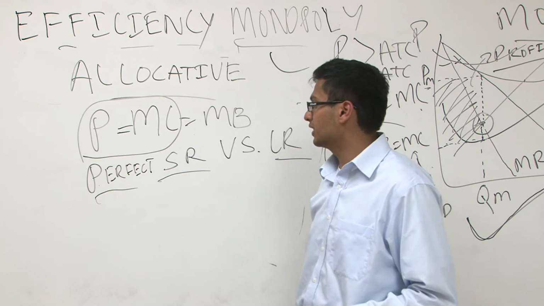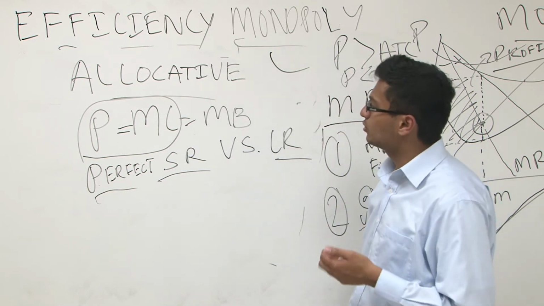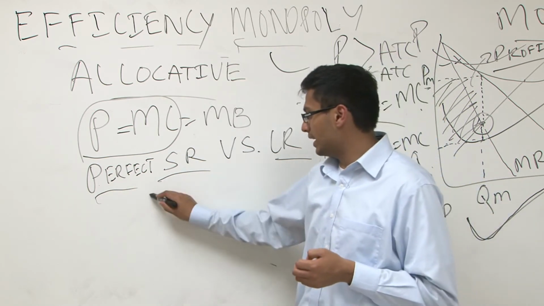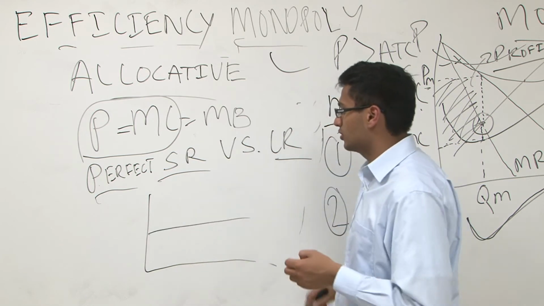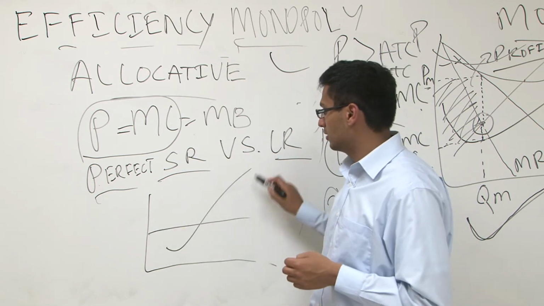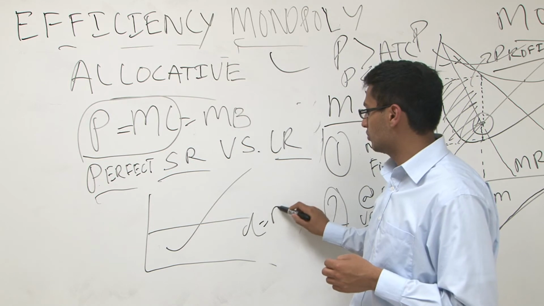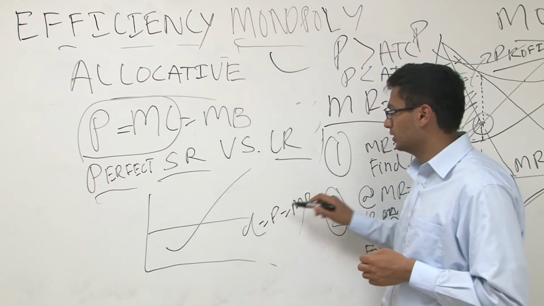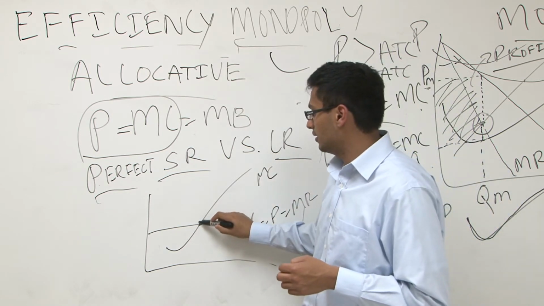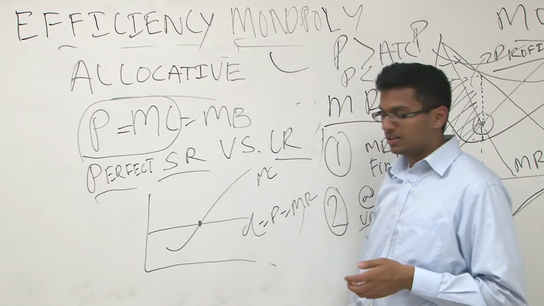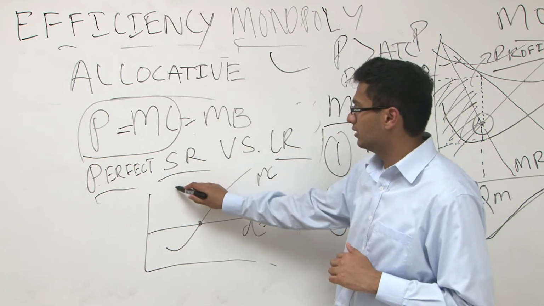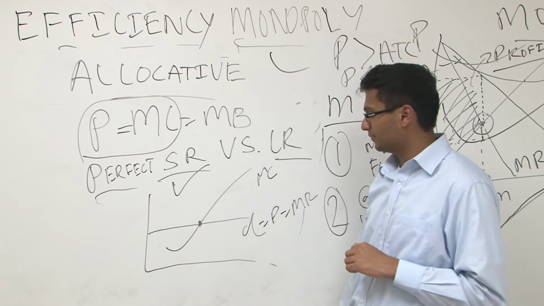Okay, we're talking about perfectly competitive. In the short run, does price equal MC? Let's see. We had a graph here. In the short run, this is your demand, which equals price, which equals marginal revenue. That's your MC. And yeah, it does. P does equal MC. So in the short run, it is allocatively efficient.